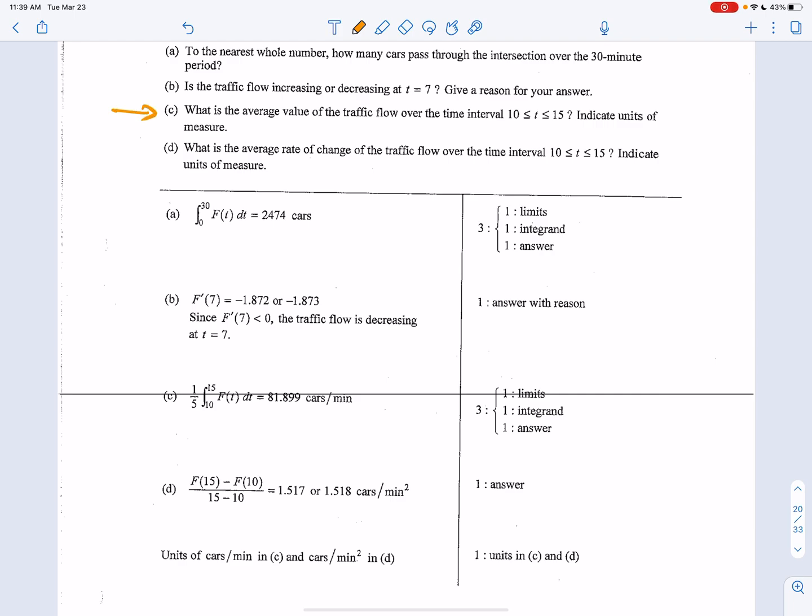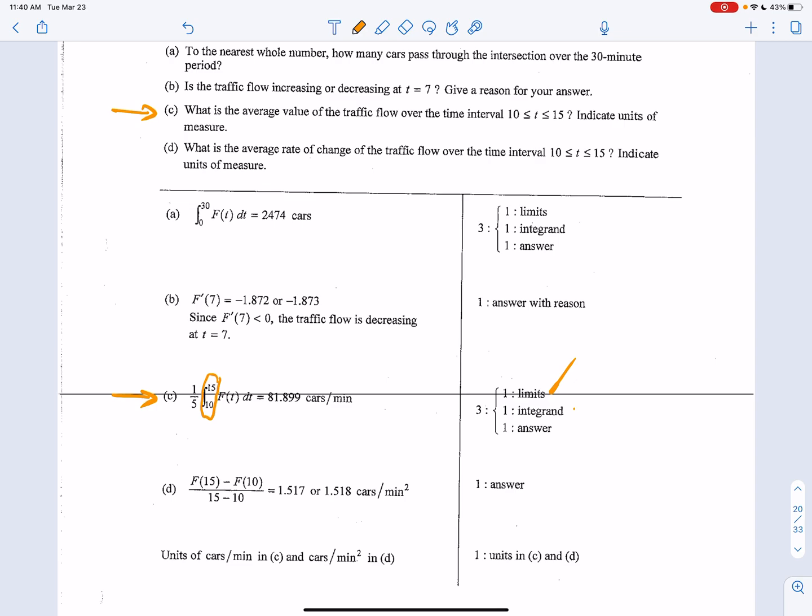Part C, what is the average flow? Okay, so they wrote 1 over 5. We wrote 1 over 15 minus 10. Equal is equal, it doesn't matter. You get 1 point. Even if you didn't know how to do the whole problem, you get partial credit. You get 1 point just for putting the integral from 10 to 15.